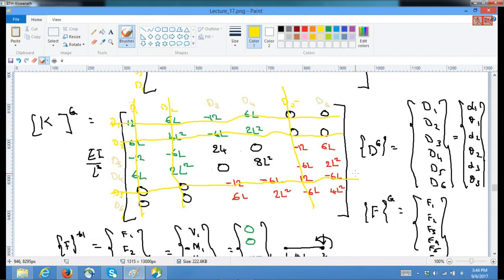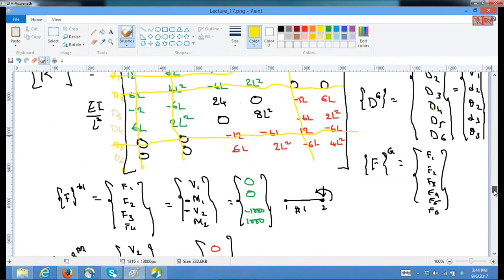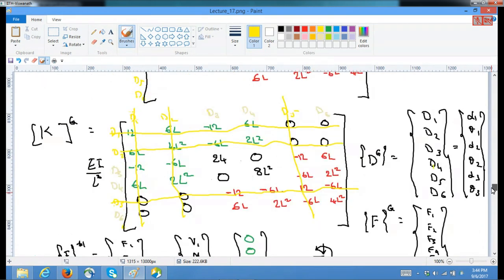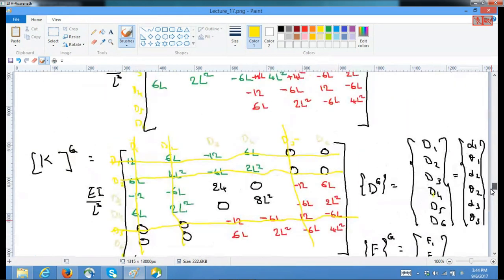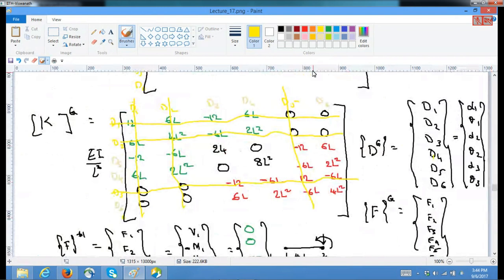So my k uu is the remaining elements, which is nothing but, if I compare it from here, my k uu is equal to, let me just copy it from here for simplicity.